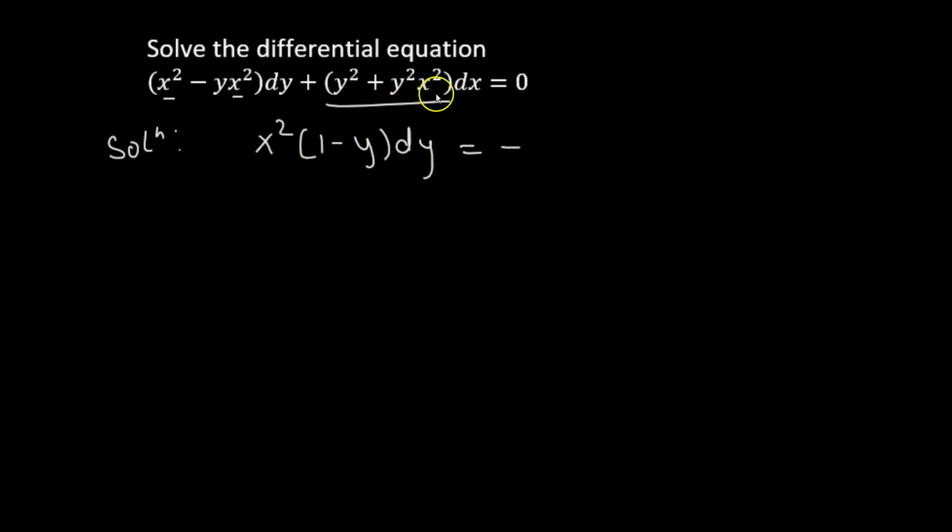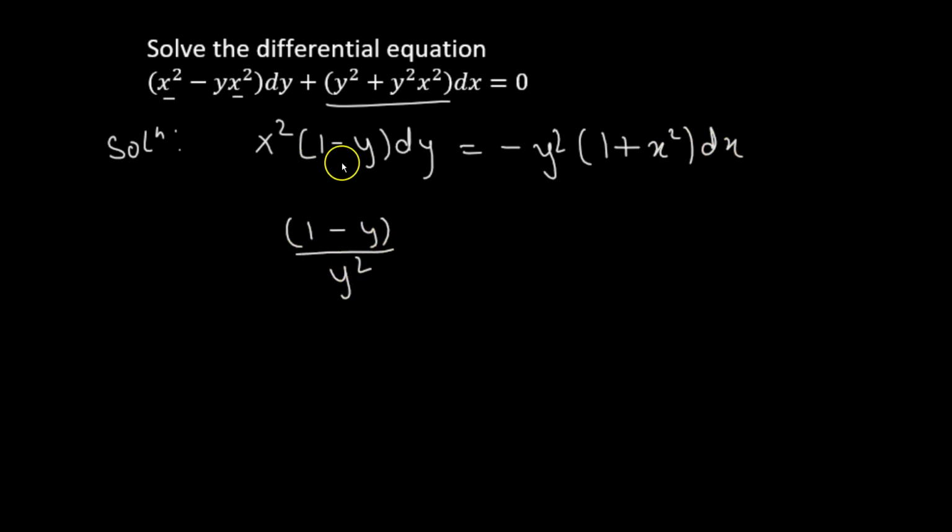We'll have a negative sign, and also we have y squared in both terms, so let's take it as the common factor, times 1 plus x squared dx. That means we have 1 minus y divided by y squared, so we have divided both sides by x squared y squared, times dy equals to negative 1 plus x squared divided by x squared times dx.